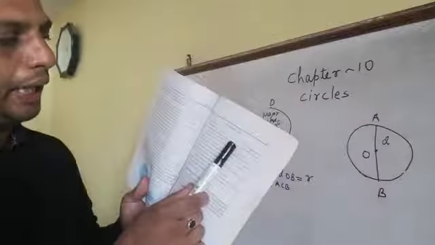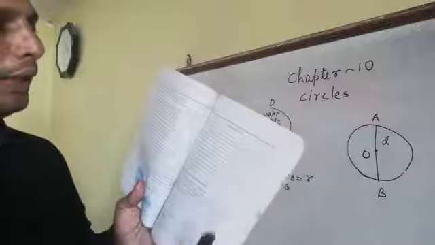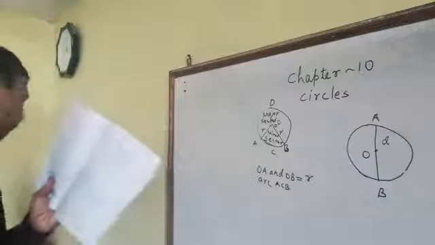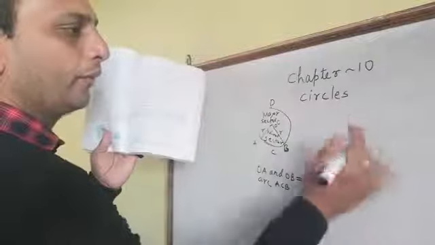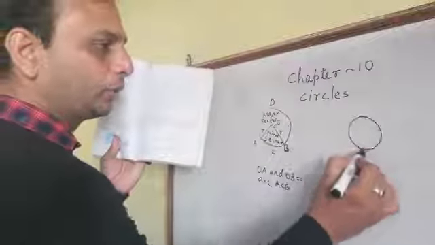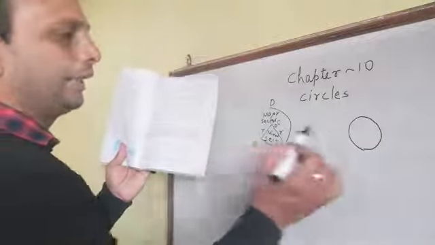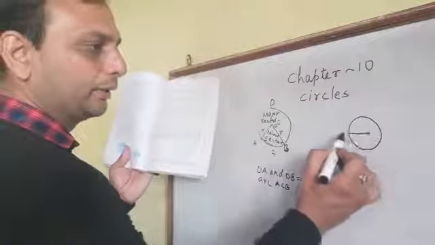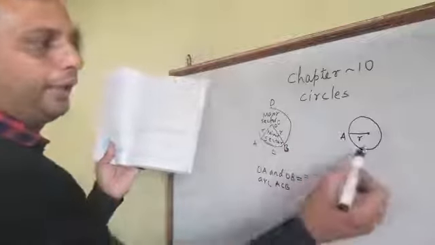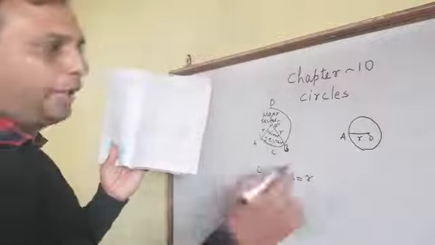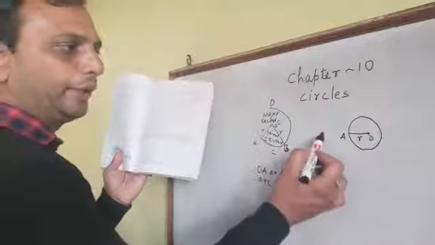A point whose distance from the center of the circle is greater than its radius will be which point? To understand this, we'll make a figure. Suppose this is the circle, O is the center, and this is the radius. Suppose OA is 5 centimeters. If the point has a distance more than the radius, that point will be outside the circle.